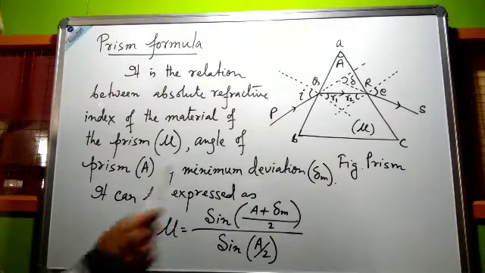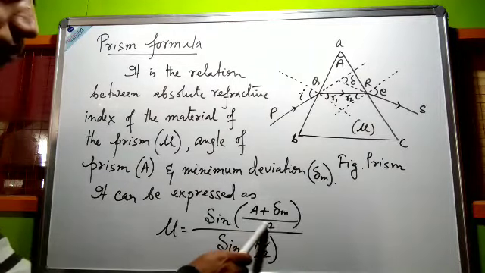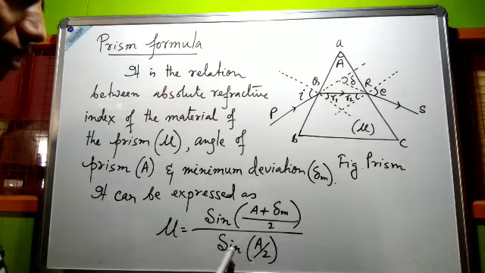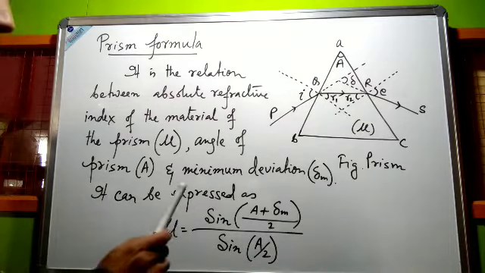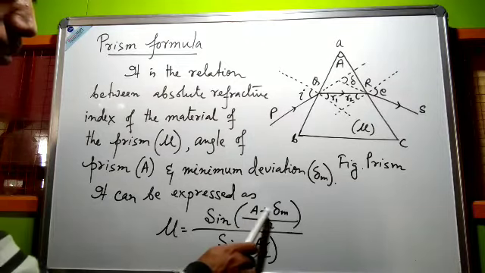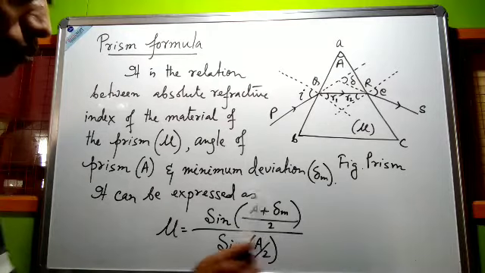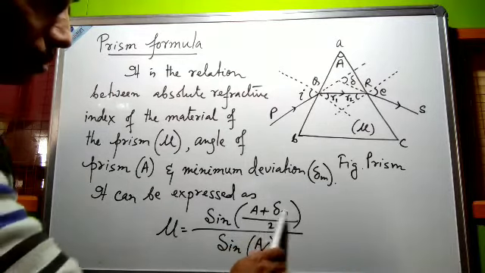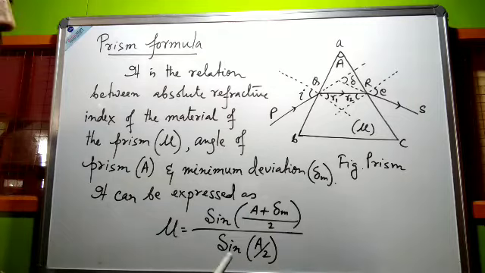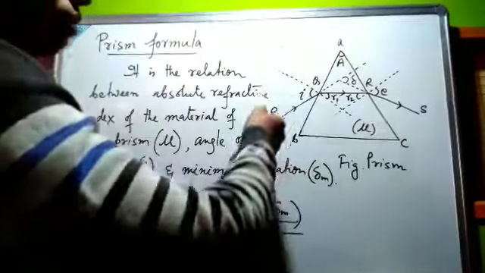It can be expressed as mu equal to sine of (A plus delta m) divided by 2, divided by sine of A by 2. This is the prism formula, and we have to derive it using the ray diagram.